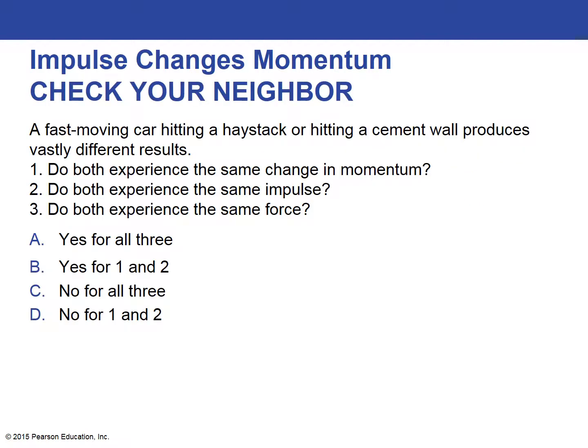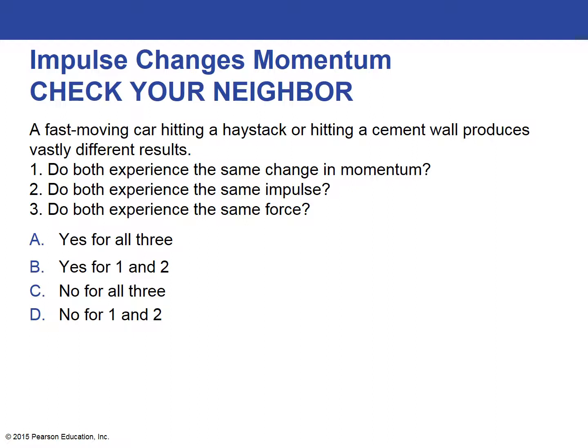Now, in this question, you're asked to comment on the properties of a fast-moving car when it hits either A, a haystack or B, a cement wall. And as we know from some common experiences, hitting a cement wall, the results are quite devastating if we don't have a cushion.